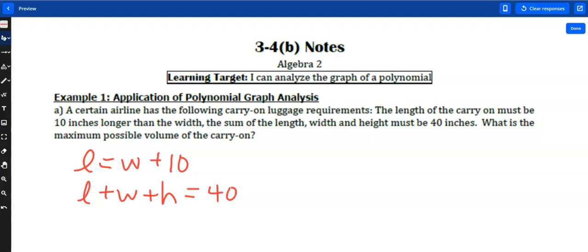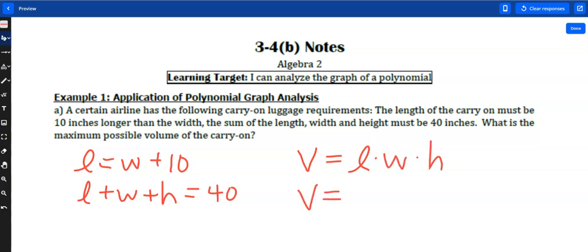Okay, so we can obviously do a substitution here. Volume equals length times width times height, right?